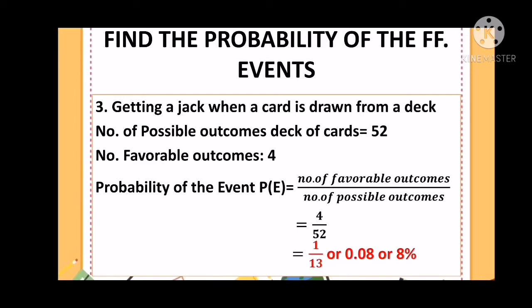Laging, kapag nagra-round off kayo ng decimal, 2 decimal places. And then kapag i-convert nyo yan ng percent, just multiply it by 100. 0.08 times 100 is equal to 8%.